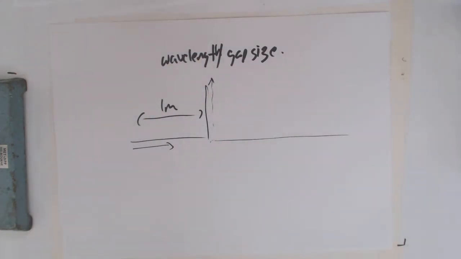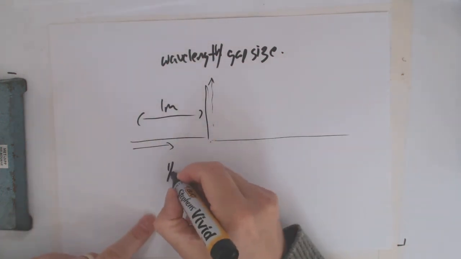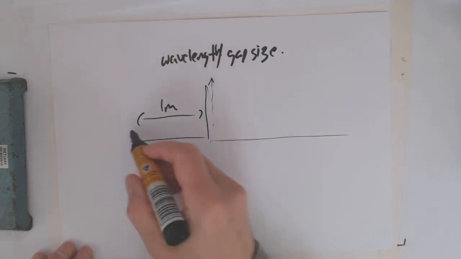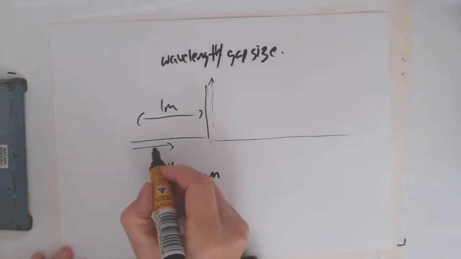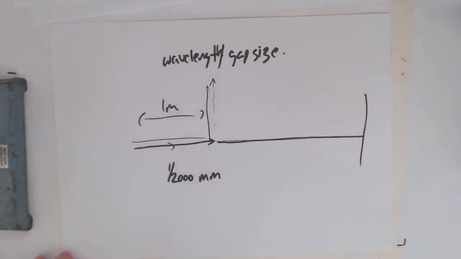With diffraction. But it doesn't, because this is a big object and a wavelength of light is 1/2000th of a millimeter. That's very tiny compared to the size of this object. So there's very little bending and the light just tends to go along and hit the wall. So the amount of bending depends on that.